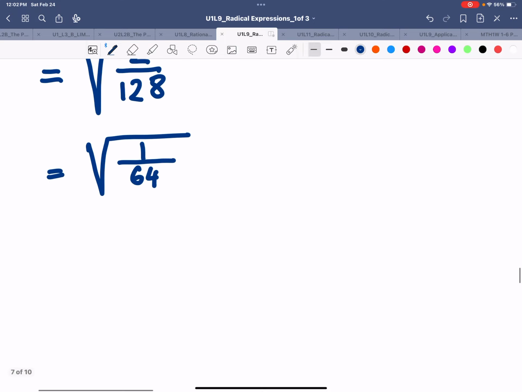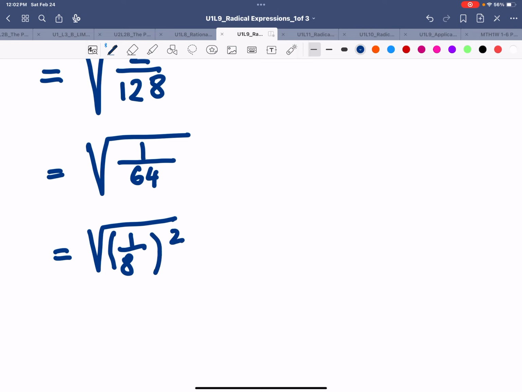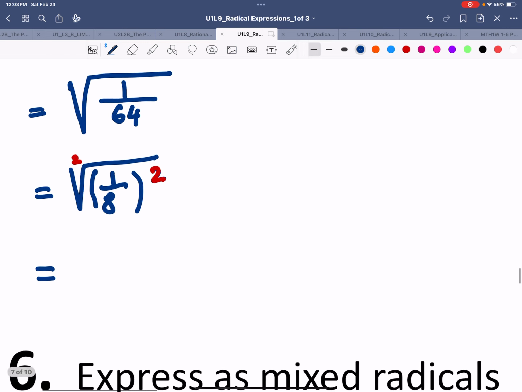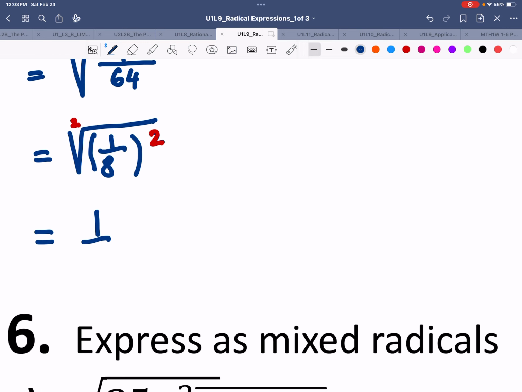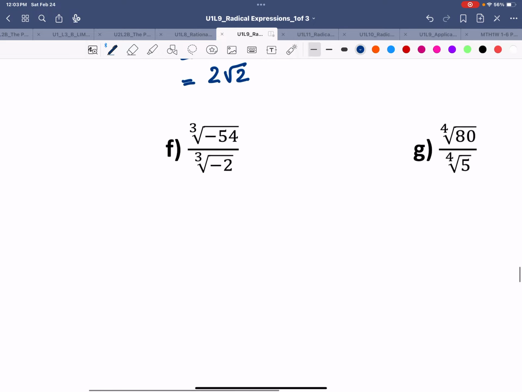So the square root of 1 over 64 would be equal to the square root of 1 over 8 squared, or even better, 1 over 8 to the power of 2. So when the index and the power match, it means that we can take out the base in the radicand. So the answer would be 1 over 8. So we'll continue with the next question.